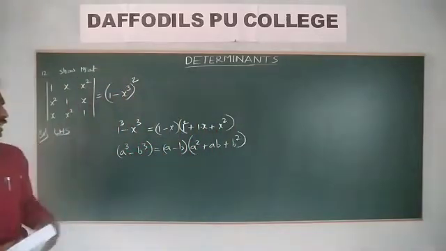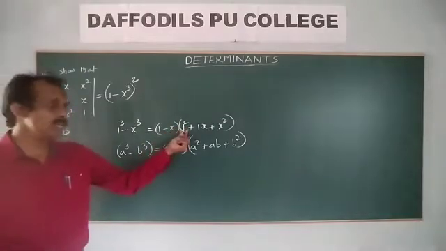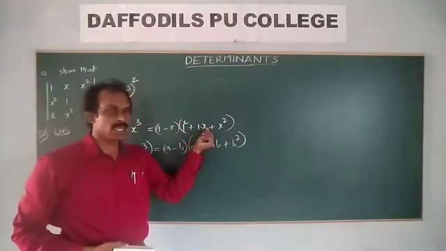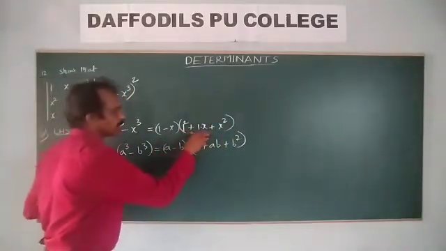So here it is 1 minus x of 1 plus x plus x square. So it is possible to get 1 plus x plus x square.